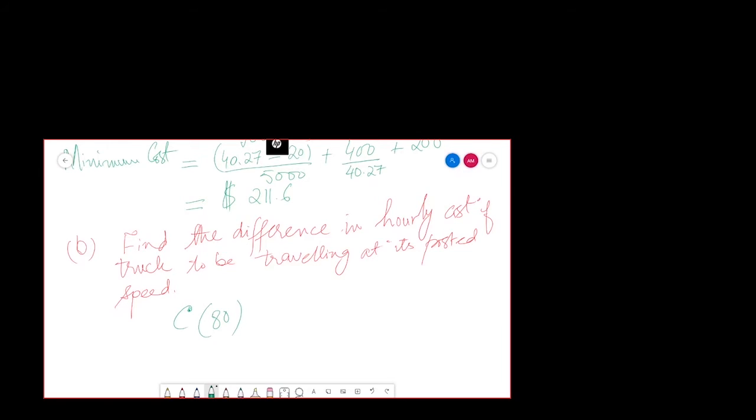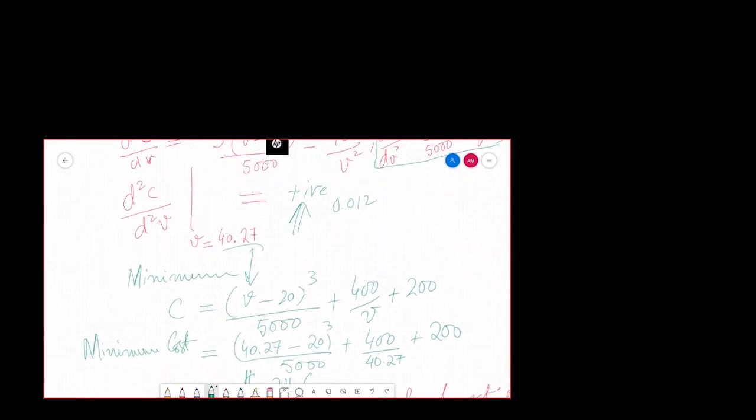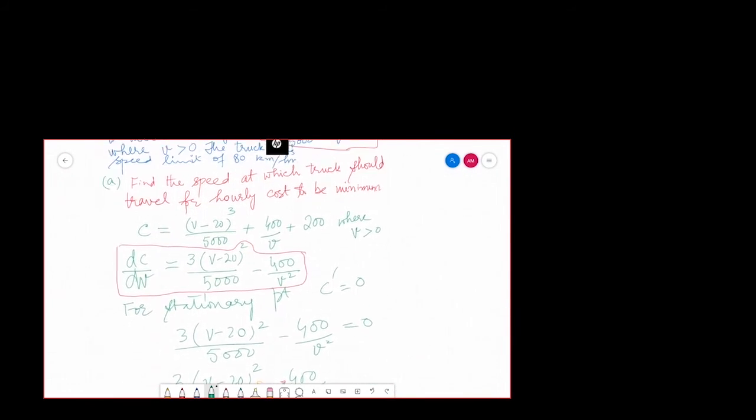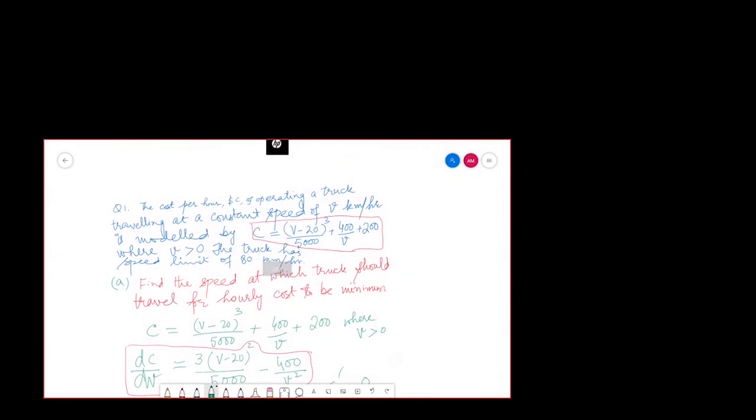No, it would be in the original cost. If you look at the question, this is the equation of the cost. So here, instead of 40, you would put a speed of 80, and find what the cost is there.